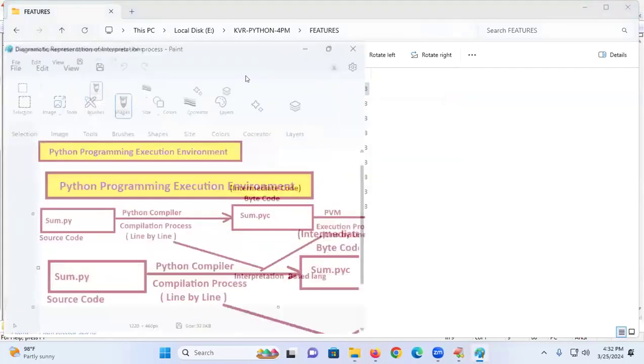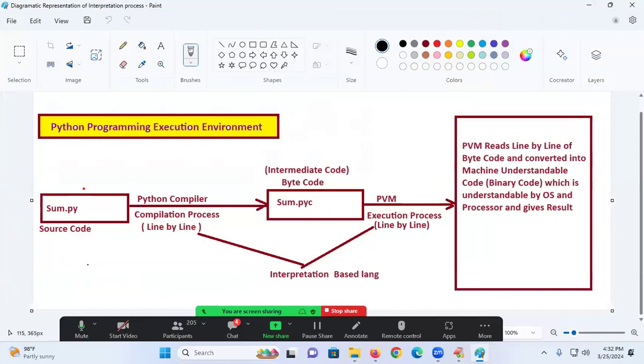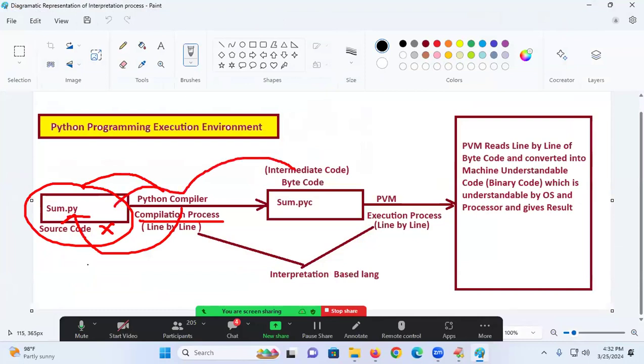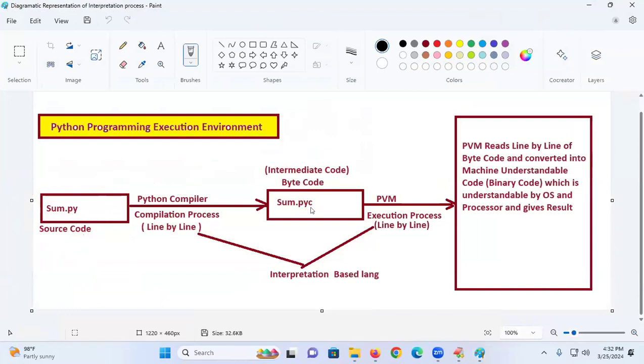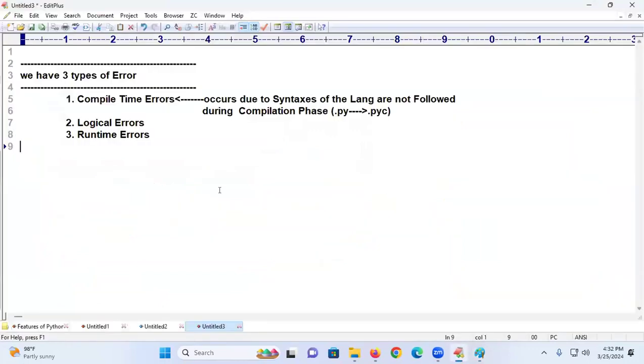Here it is available. You see that the .py contains source code, which is submitted to the Python compiler in the compilation phase. If the syntaxes are not followed properly, we get compile time errors. Even in the description I wrote it. If no errors are there, it is compiled into bytecode, which has the extension .pyc.